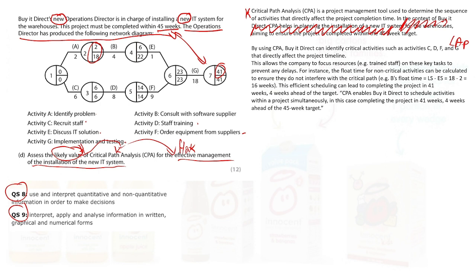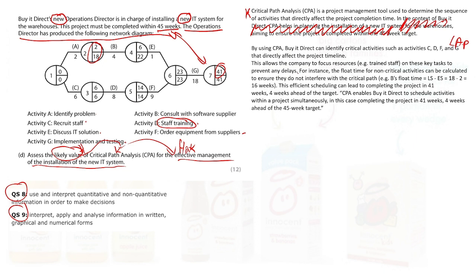Now, that would make me cross if I read that. Resources, products, customers. So resources, trained staff. Ooh, now that sounds a little bit abstract, but since they trained the staff in activity D, I think it's very much application. On these key tasks to prevent any delays, a bit more knowledge.